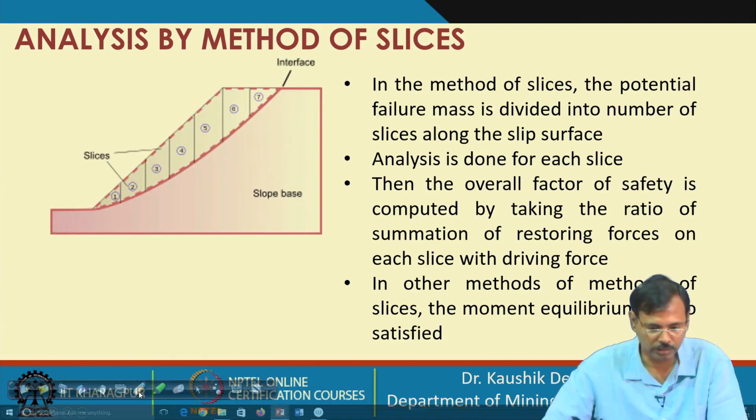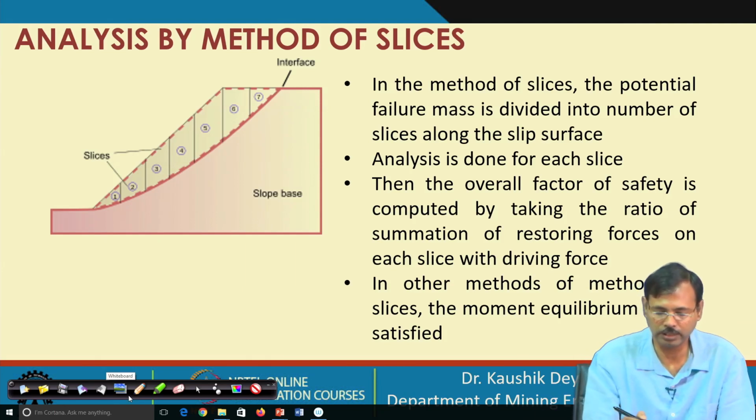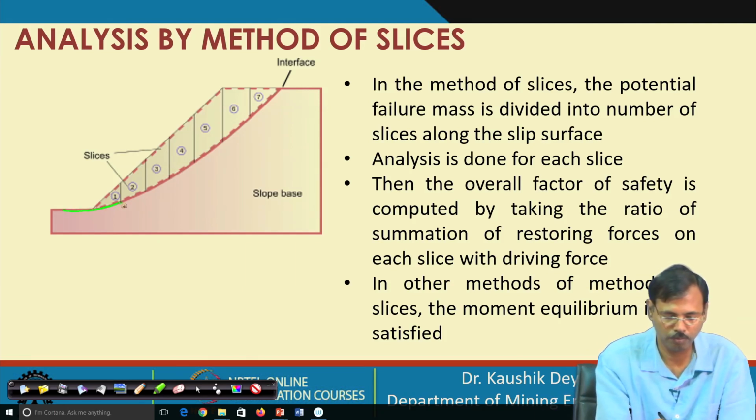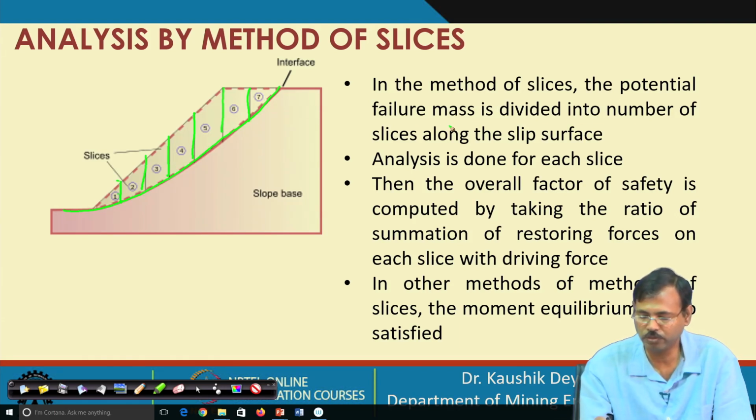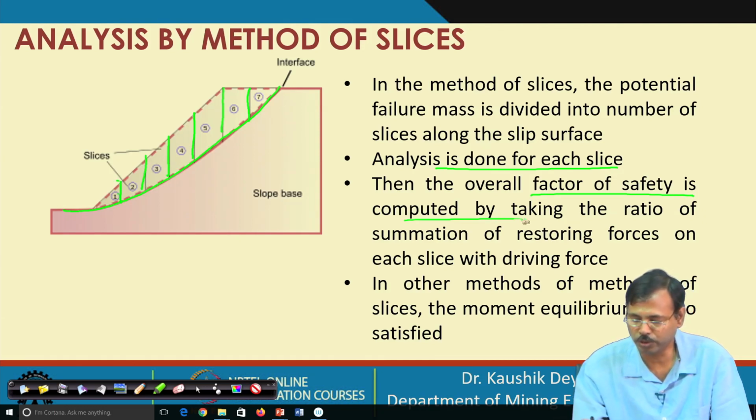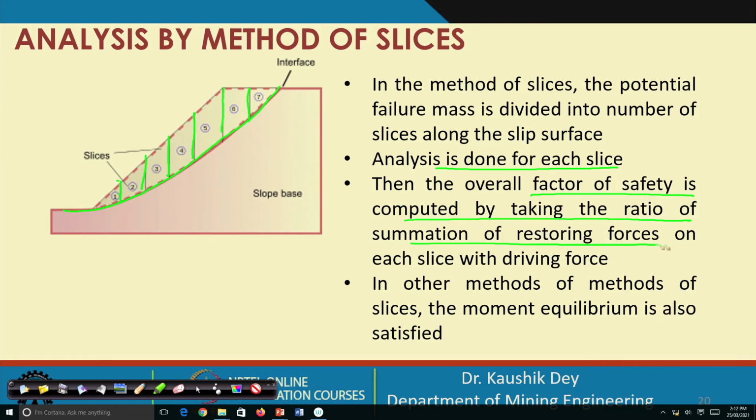Generally, the method of slices is used for analysis. The complete slope is divided into a number of slices. So, now this is 1, 2, 3, 4, 5, 6, 7, 8 slices. The potential failure mass is divided into a number of slices and analysis is done for each slice. The overall factor of safety is computed by taking the ratio of the summation of the restoring force and the driving force.